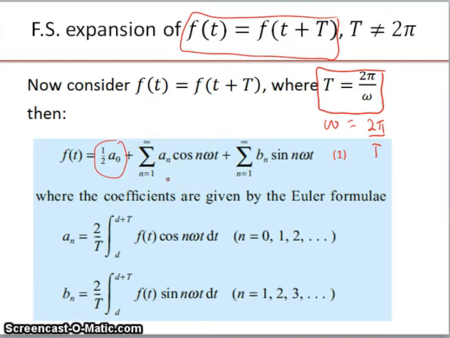terms are the summation of a_n cos n omega t.